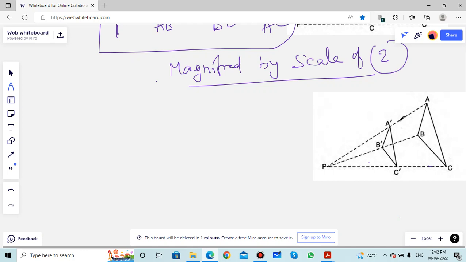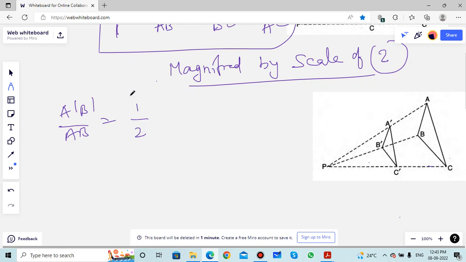So when we do that, we can use the similarity again. In the triangle ABC and A dash B dash C dash, we have to find A dash B dash, right? So we'll put A dash B dash by AB. This is 1 and the other one is 2, because we have made it double, right?